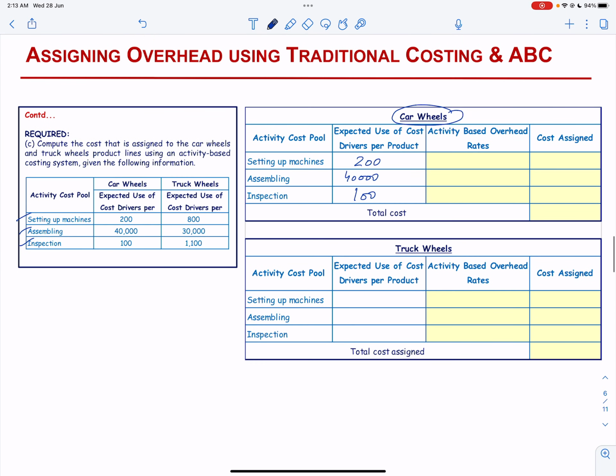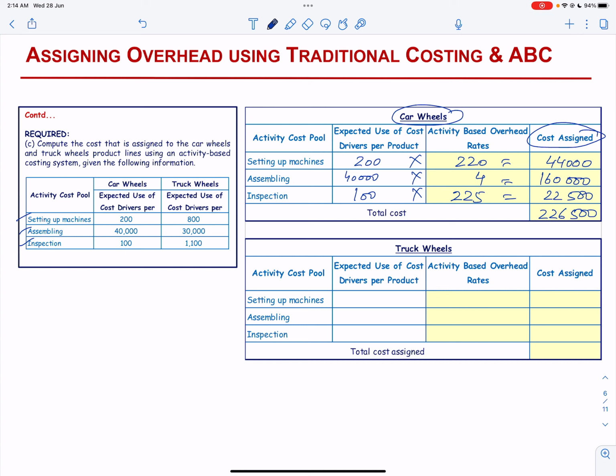So we will simply multiply them, and this will be equal to 44,000, 160,000, and 22,500. So the total cost that we are going to assign for car wheels is 226,500.